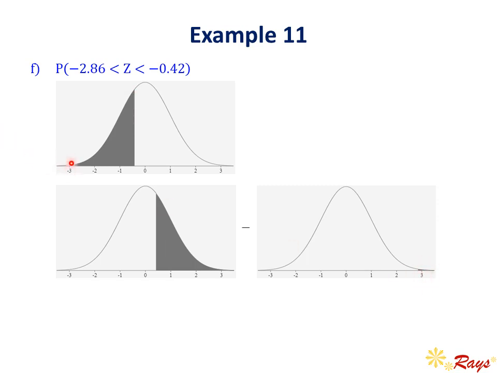So now we can find the probability of Z greater than 0.42, which is from here to there, minus the probability of Z greater than 2.86. We find the probability from the standard normal table, we get these values, and the probability for Z in between negative 2.86 and negative 0.42 is 0.3351.